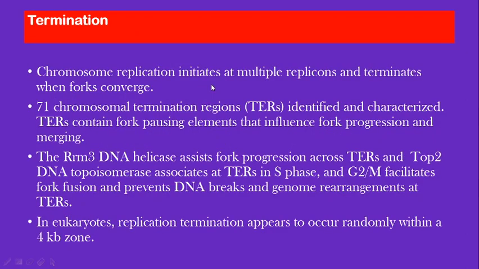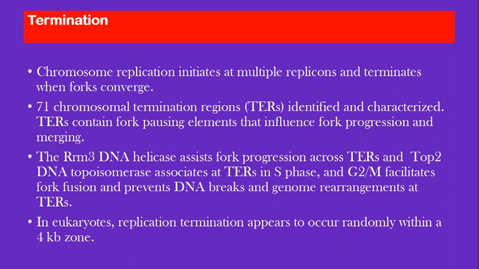Chromosome replication initiates at multiple replicons and terminates when the forks converge. 71 chromosomal termination regions, TERs, are identified and characterized. TERs contain fork pausing elements that influence fork progression and merging. This fork pausing element is essential during collision.